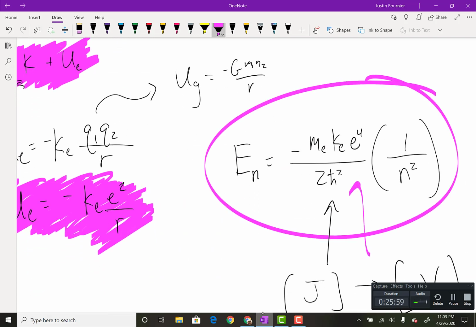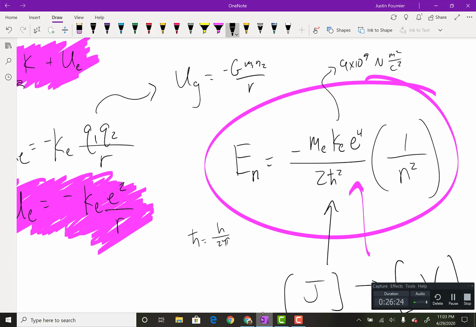And see if you can plug in the values here. Remember, h bar is equal to Planck's constant over 2 pi. It's very commonly used in quantum mechanics. Coulomb's constant is 9 times 10 to the 9 newton meters squared over coulomb squared.